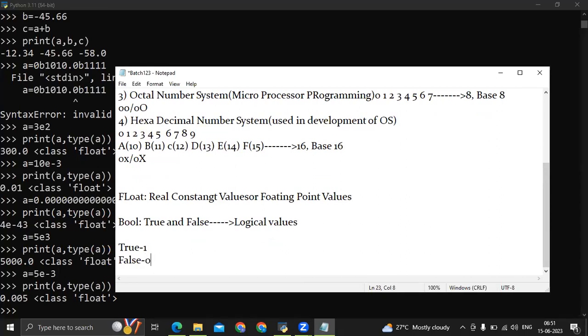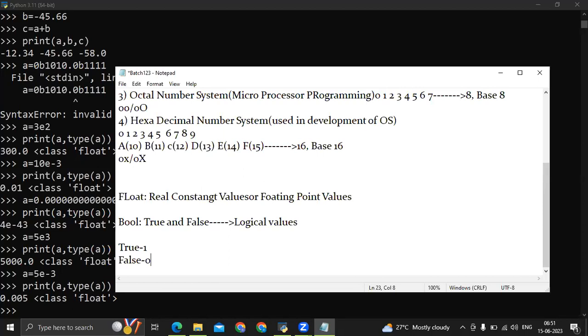Please remember, earlier we are not going to its value. If I write A is equal to true, we'll get the answer true only. Why? Because these are the keywords and these are the logical values. But internally, the value of true is considered as 1 and the value of false as 0.